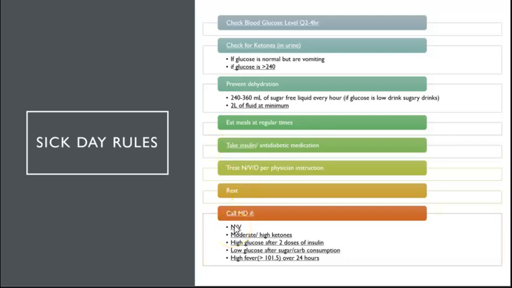Things that we get concerned about: persistent nausea and vomiting, moderate to high ketone amount, high glucose even after 2 doses of insulin, low glucose after eating sugar, or a high fever greater than 101.5 for over 24 hours.